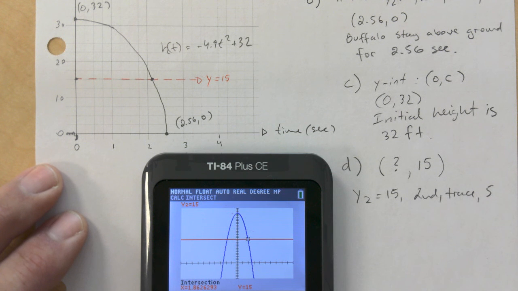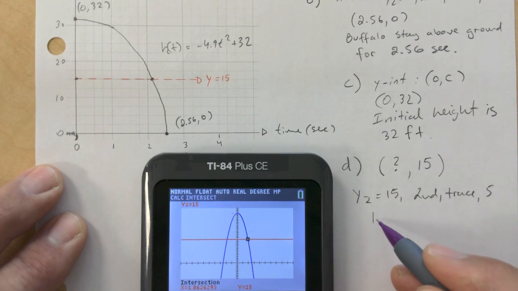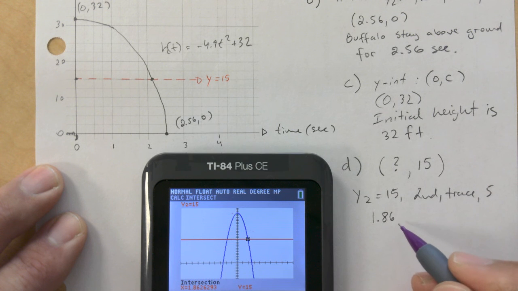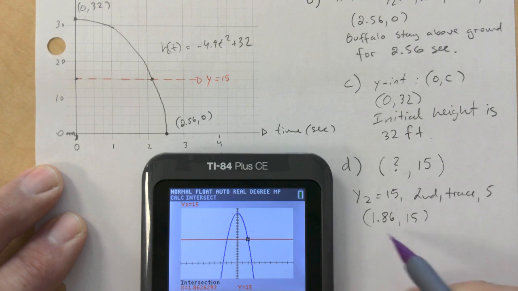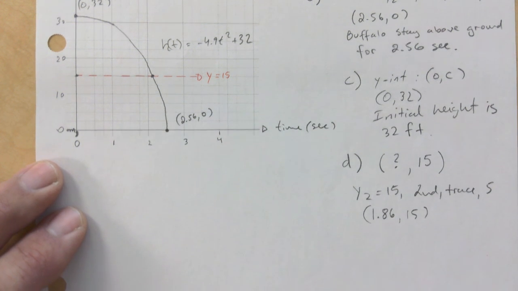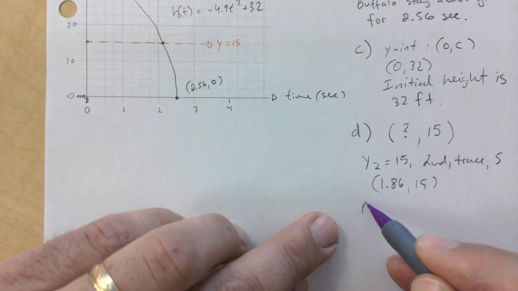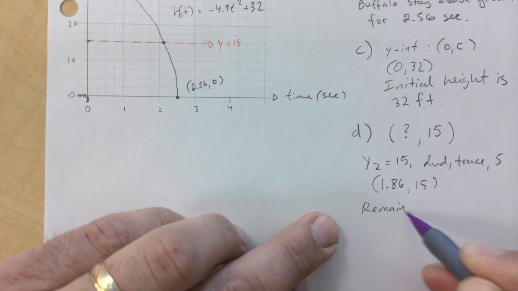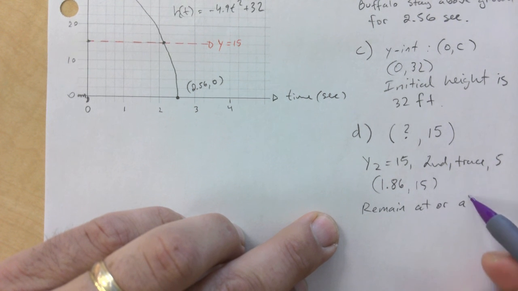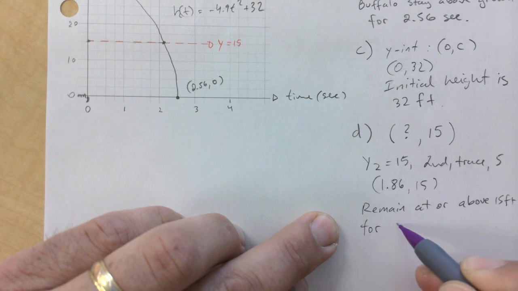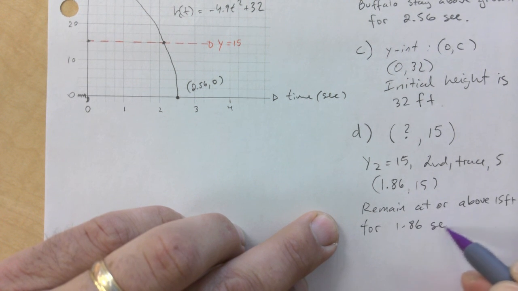And that is 1.86. That is the point that this is happening at. So the buffalo remain at or above 15 feet for 1.86 seconds.